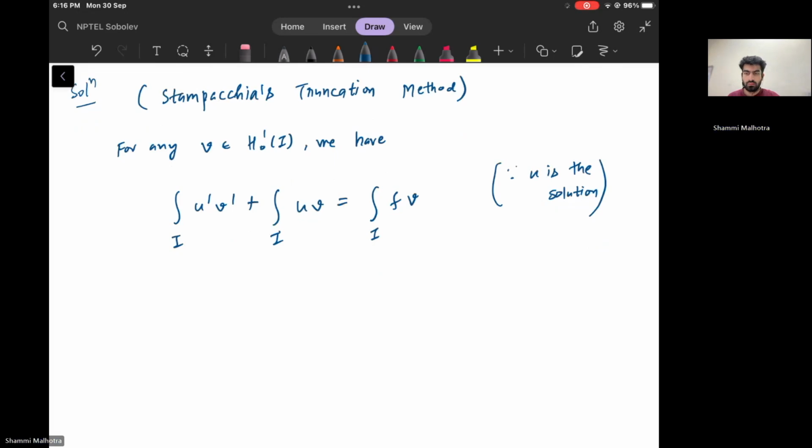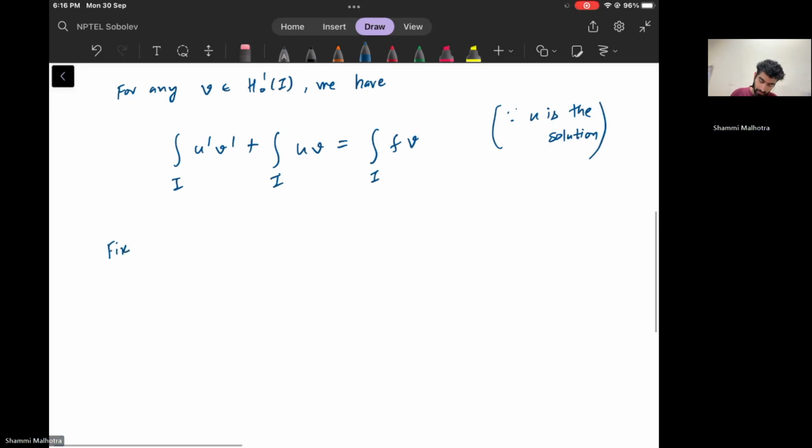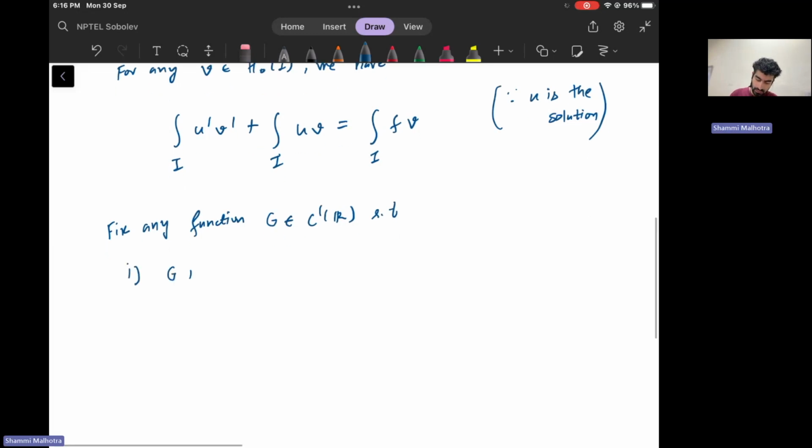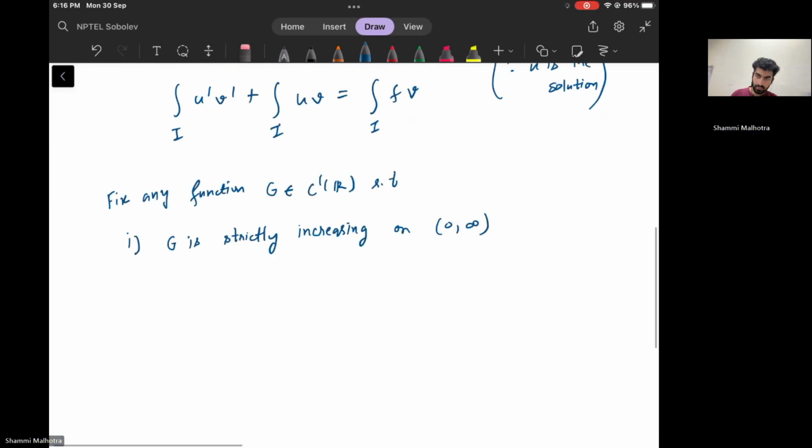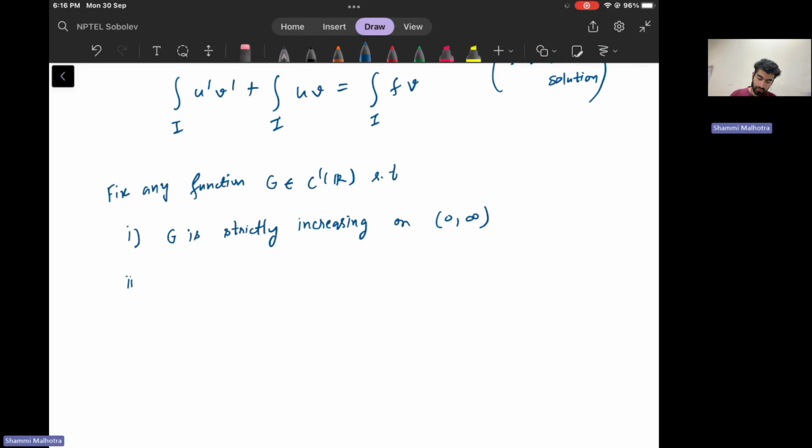So how do we actually prove this? The method goes like this: we fix any function g in C1 of R such that g is strictly increasing on 0 to infinity, and g of t is 0 for t in minus infinity to 0.